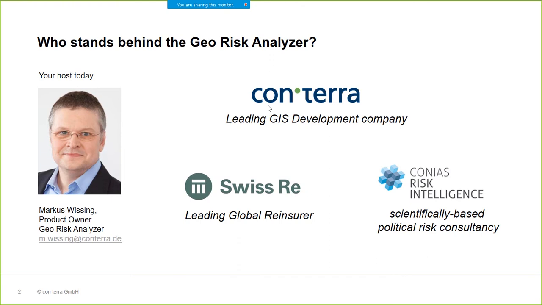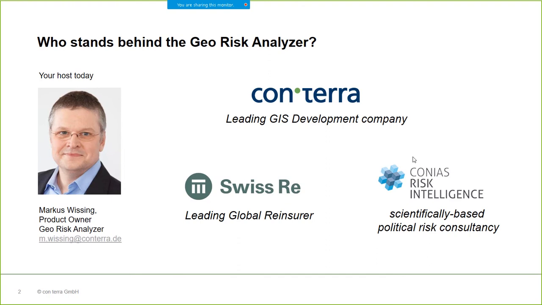I want to introduce the companies behind the offering. First, the data provider Swiss Re. They are a leading global reinsurer with a very long tradition in the field of global natural hazards because it's part of their main reinsurance business. The second company is Geo Risk Intelligence. They have a strong focus on political risks.